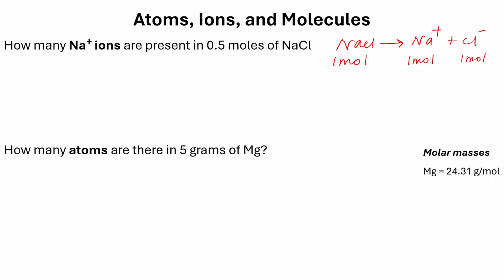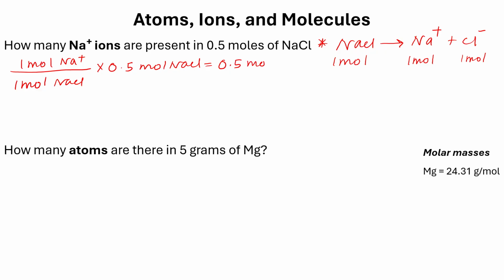So first we will calculate how many moles of sodium ions in 0.5 moles of sodium chloride. So 1 mole of sodium chloride gives you 1 mole of sodium ions according to the equation here. And then we have 0.5 moles of sodium chloride. We calculate the moles of sodium ions here, which is 0.5 moles of sodium ions.